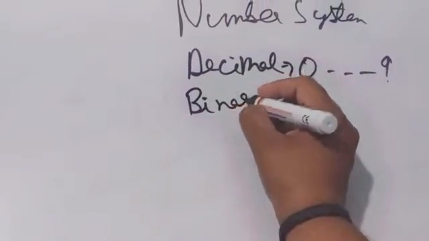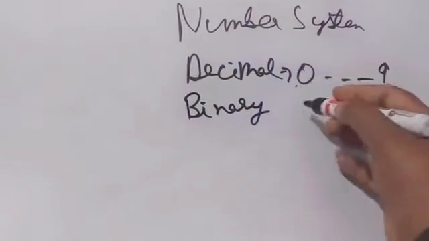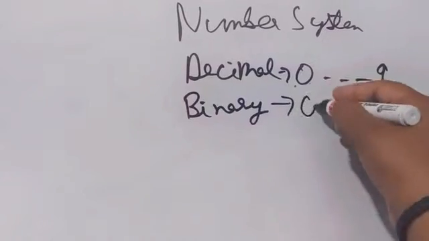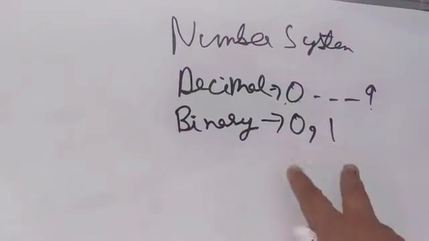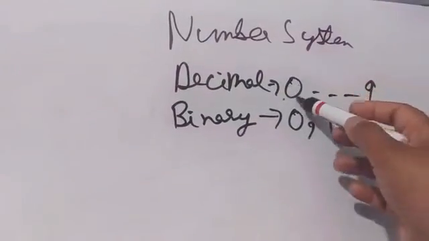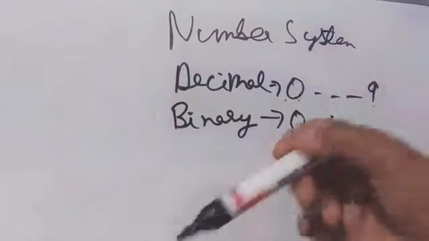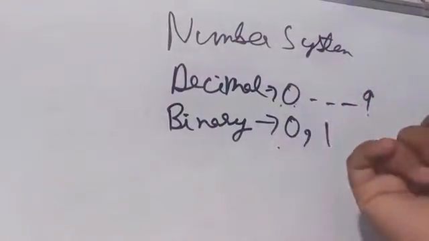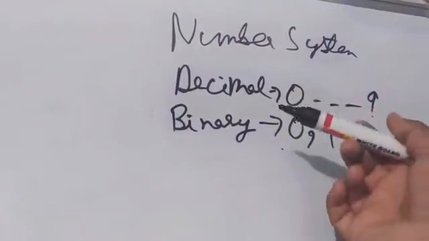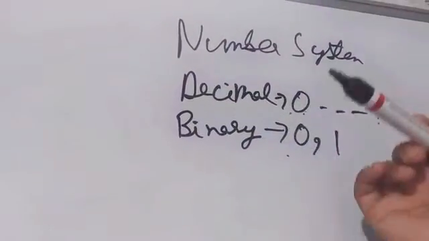Our next number system is the binary number system. The binary number system has only 2 valid numbers, 0 and 1. That means you always need to start from 0. If you want to develop a positional number system, like in coding, you need to write it from 0 always, right?